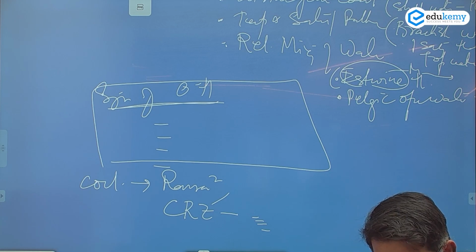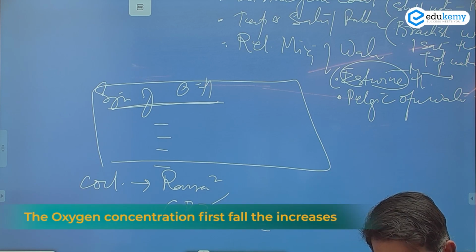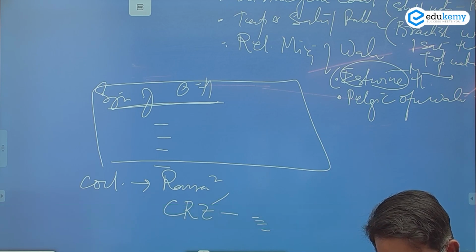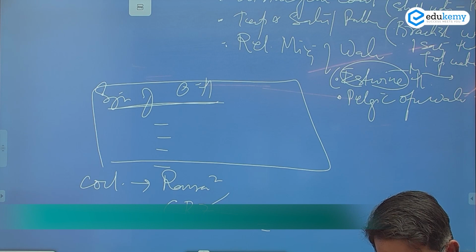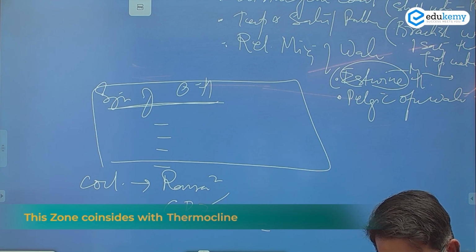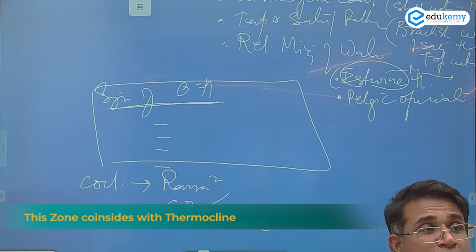So this zone is an area of ocean deserts. This zone will not have too much life form diversity, and this kind of coincides with the thermocline or the pycnocline. Here the oxygen content is very low.